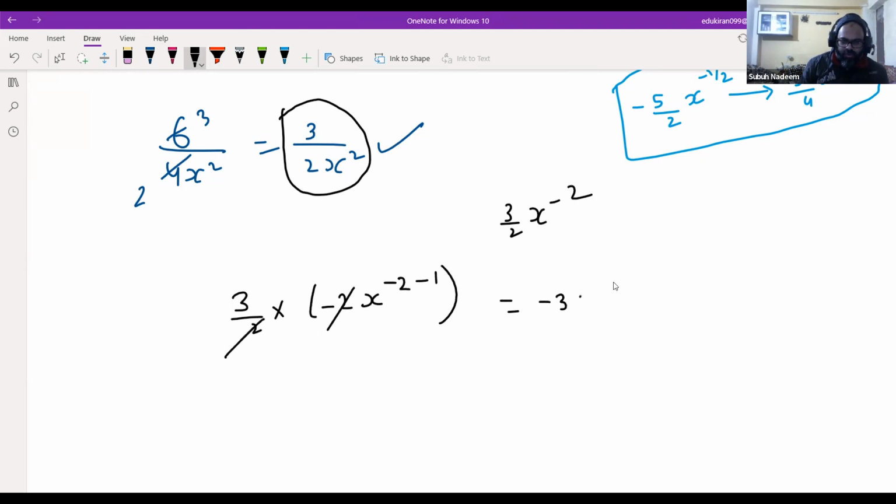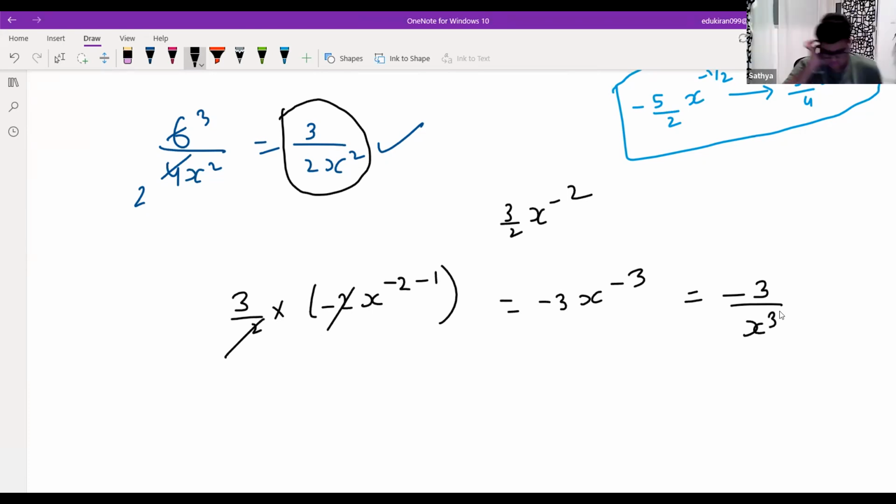So minus 3 x to the power minus 3. So minus 3 by x cube you will get. Okay, Sathya. Now you can try the third one.